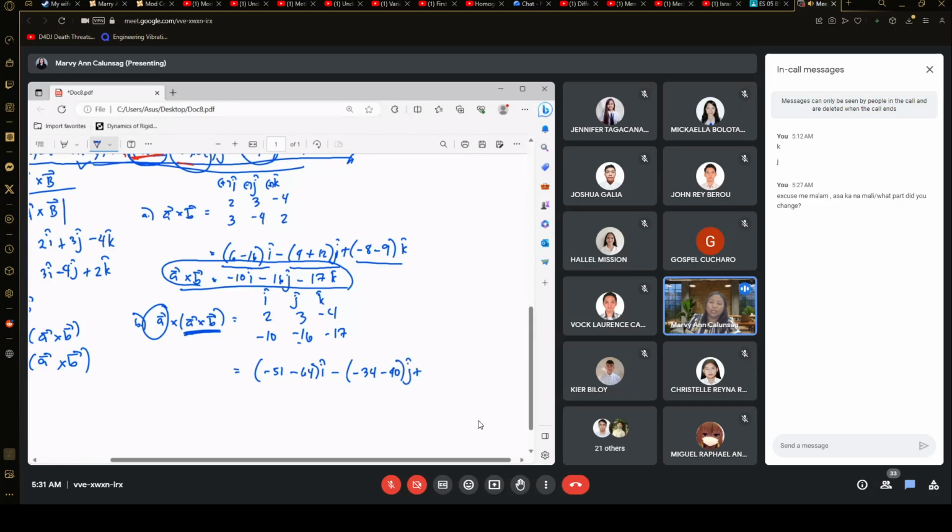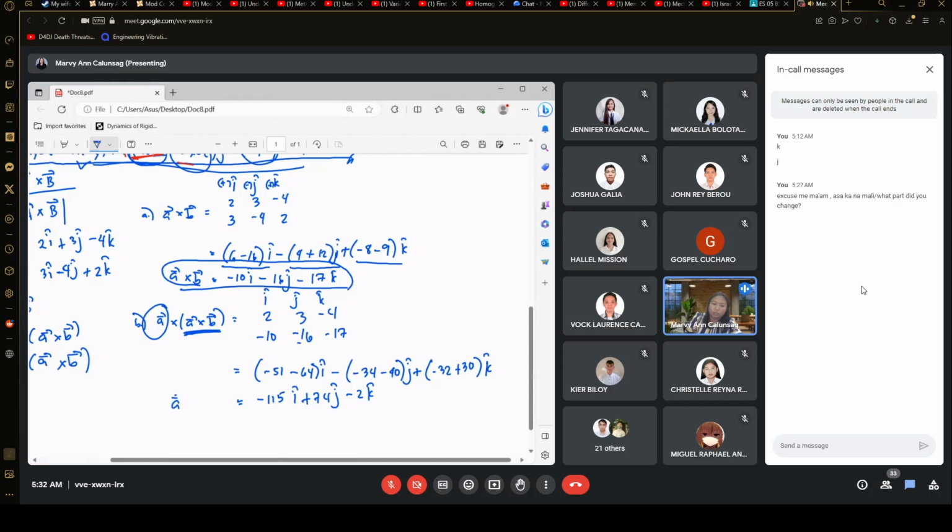Then plus the component of k, 2 times negative 16 is negative 32, then minus negative 30, negative times negative is positive 30, k. So combine, this is now 11, 5, negative 115 i, this is negative 74, negative times negative, positive 74 j, and then negative 2k.